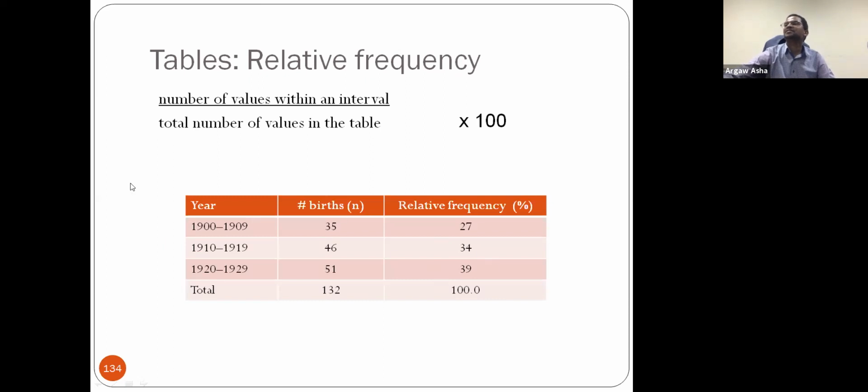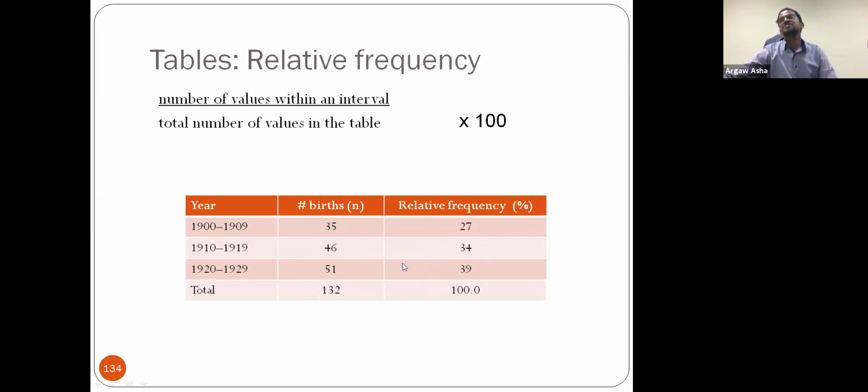The second one is relative frequency. Relatively also you can represent the data. Relative frequency means number of values within the interval over the total number in the table. Let us say 35 of the total number 132 is 27%, 46 of 130 is 34%, and 51 divided by 132 is 39%.